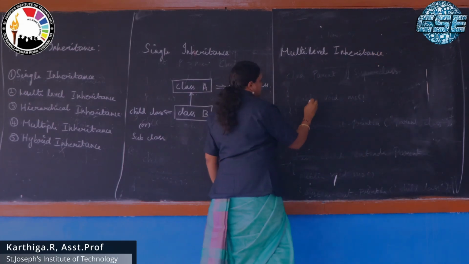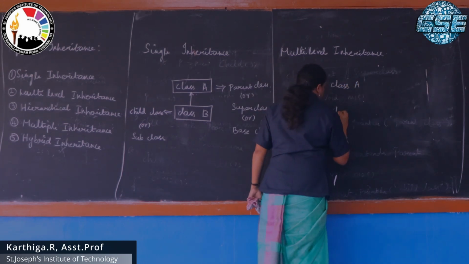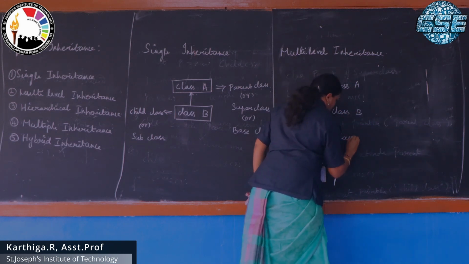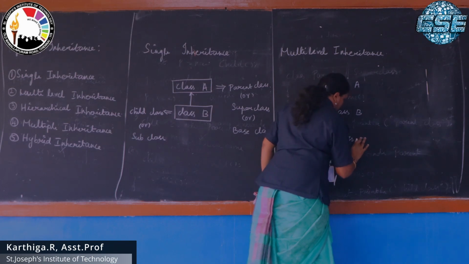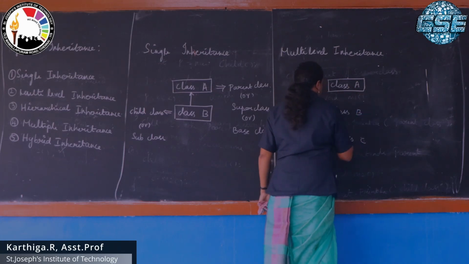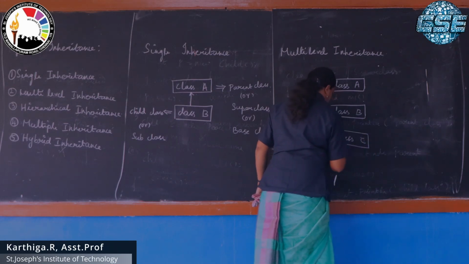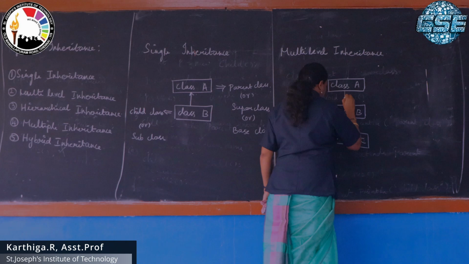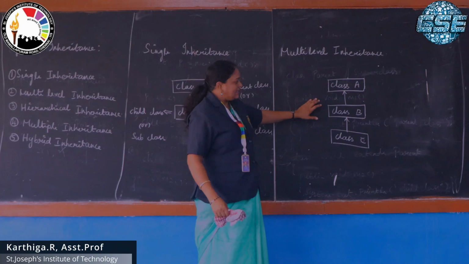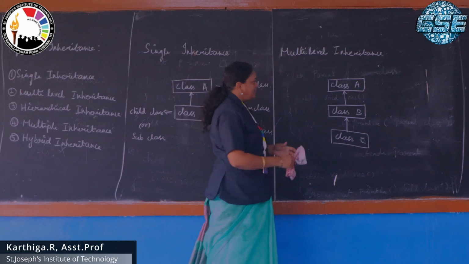Multi-level inheritance. Class A, class B, class C, multi-level. So it shows the levels of classes. Okay.